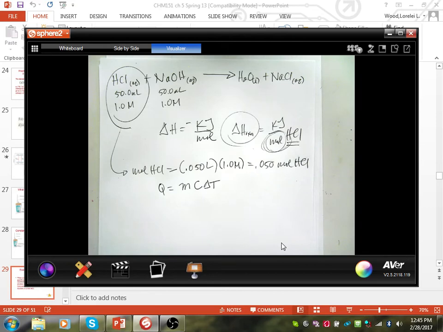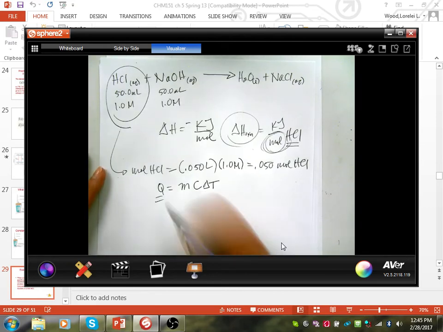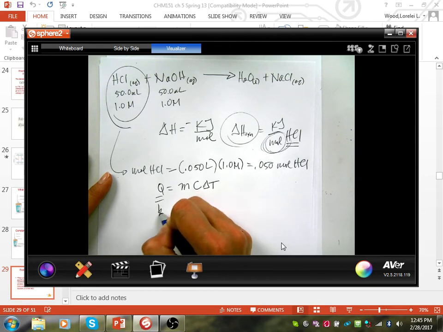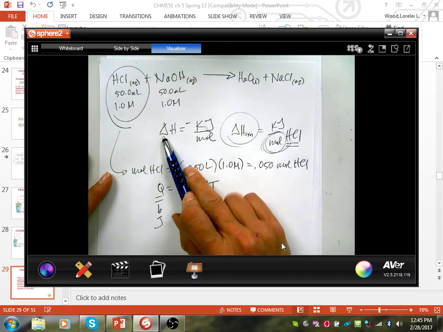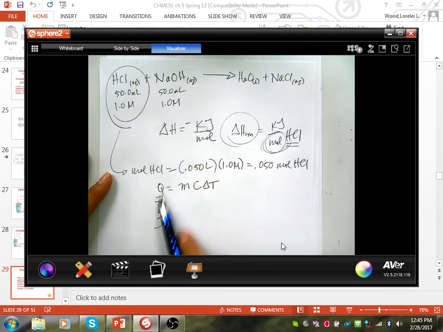All right. So what's my M in this case? If I want to calculate Q, because what are the units of Q? Joules. Wouldn't that get me the kilojoules that I need to figure out my enthalpy of the reaction? All right. So what mass would I use here? Not moles. M is mass.